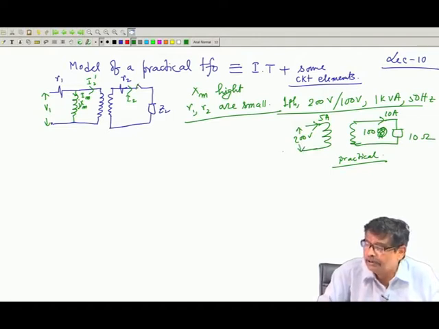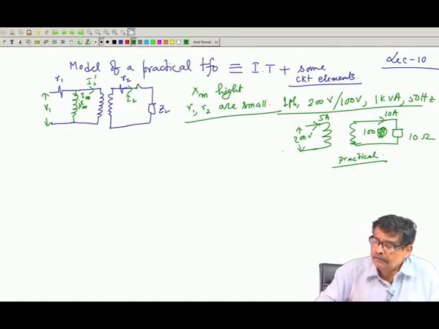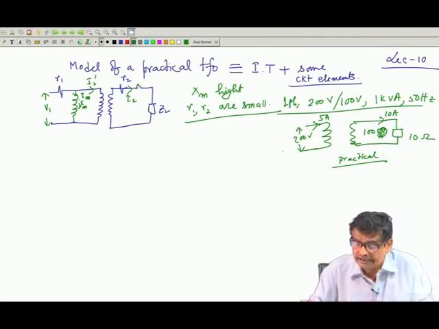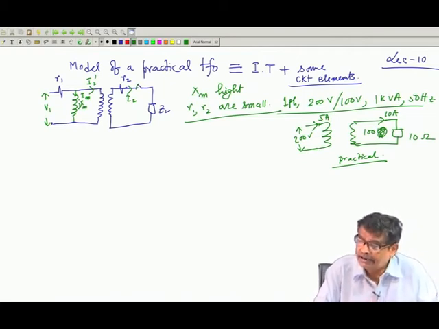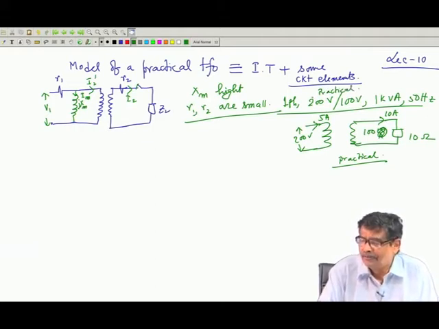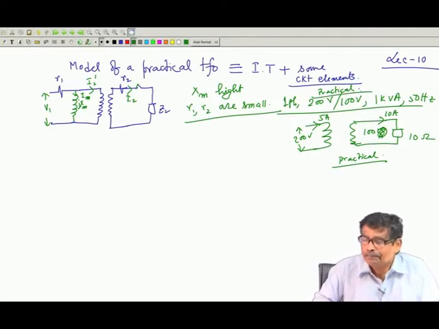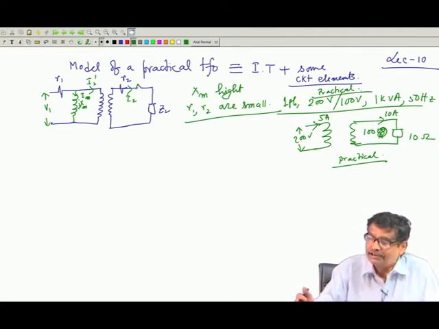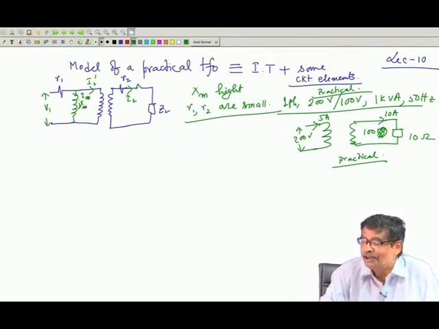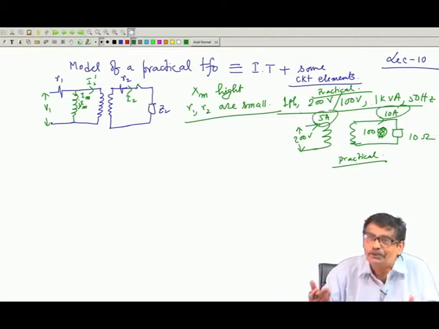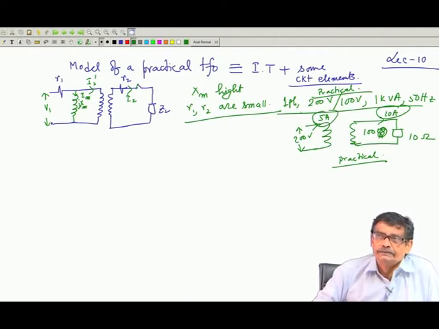So while estimating, this is a practical transformer, but for quick calculations you do this. If to this practical transformer you really connected 10 ohm and 200 volt, you will not be very far away from this 10 ampere, this 5 ampere, it will be very close to that.